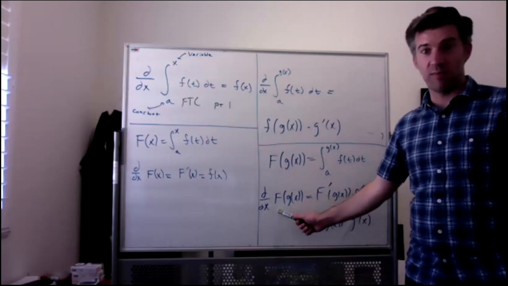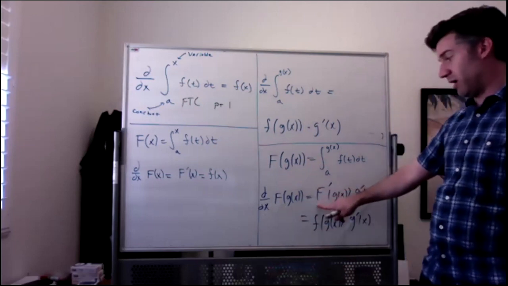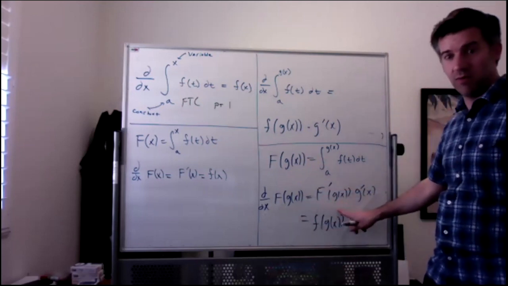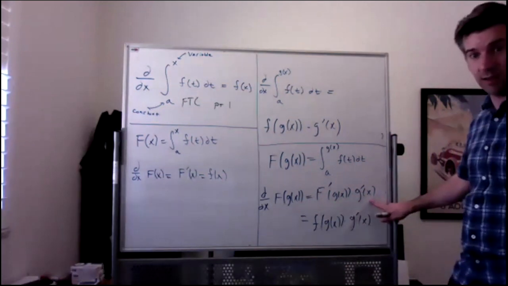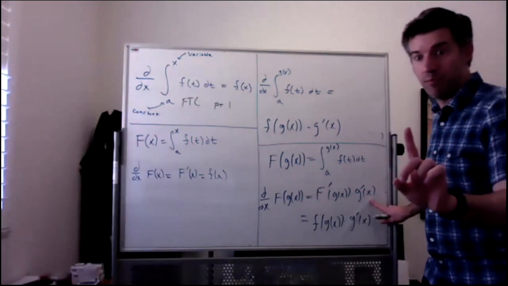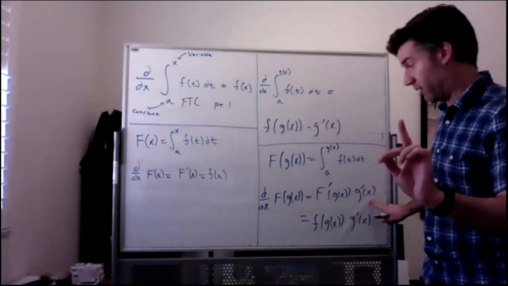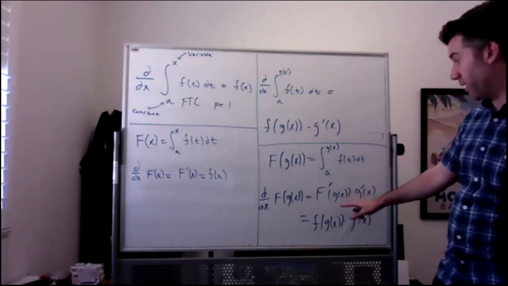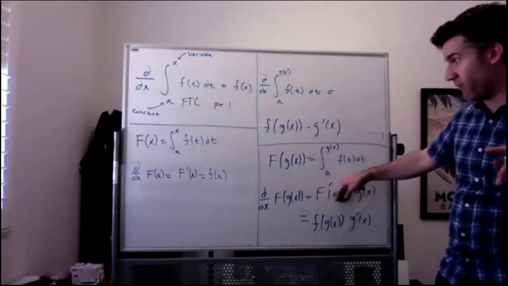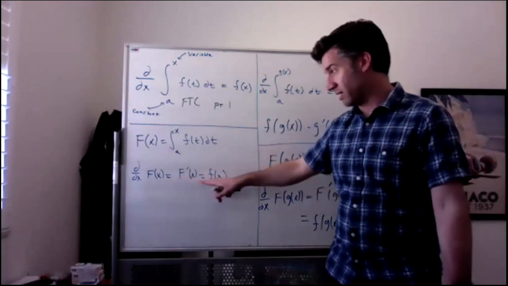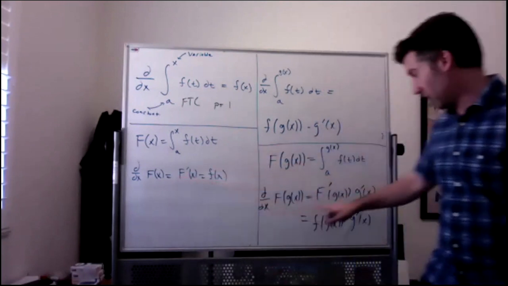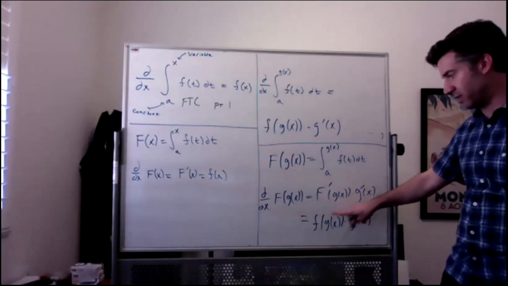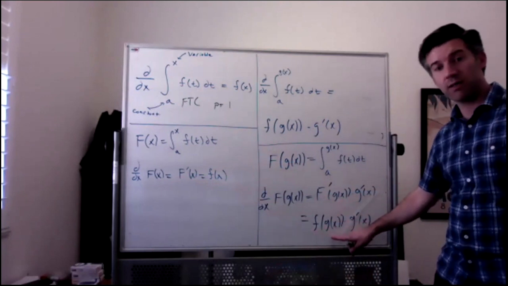The derivative of a composition of functions, you differentiate the outside thing, you leave the inside thing alone, and then you multiply by the derivative of the inside thing. But then, and it's really important, we know that capital F prime of x is little f of x. So capital F prime of g of x is little f of g of x.